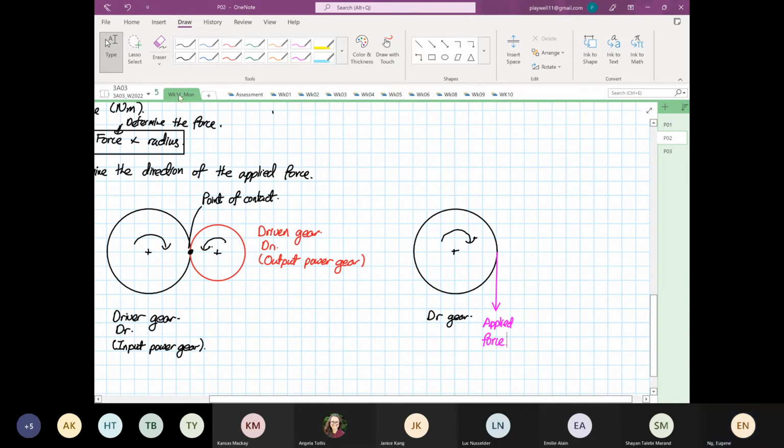Now, if we look at the driven, it's going in the opposite direction, anti-clockwise.